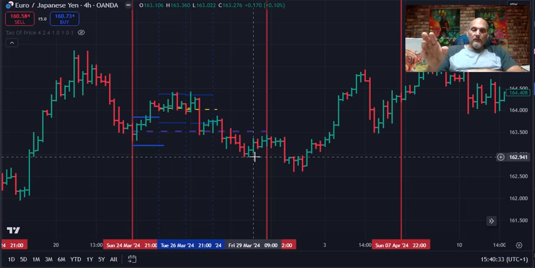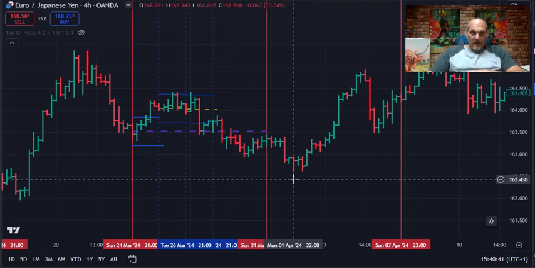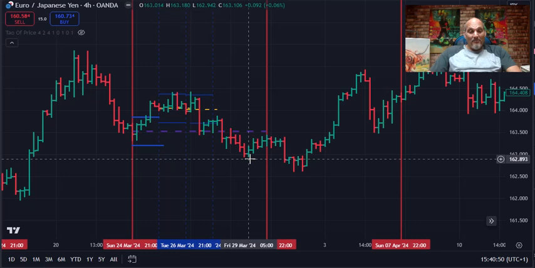The following week opens, and it trades down through 162.94, and it comes down to a low of 162.61. So it traveled 30 pips away from what was considered a bottom lock from last week. So the point was there, it broke.